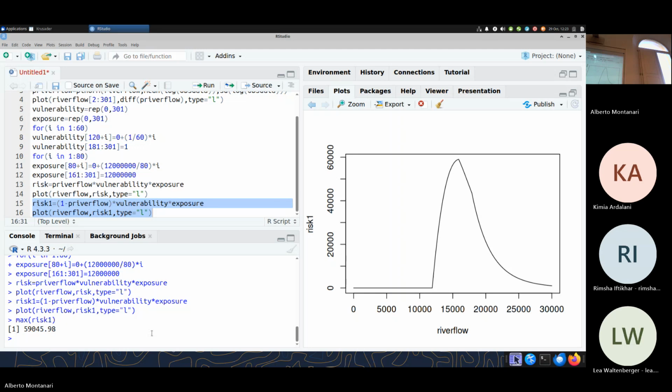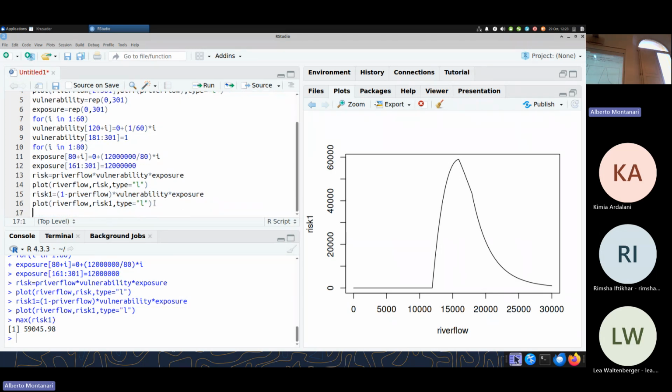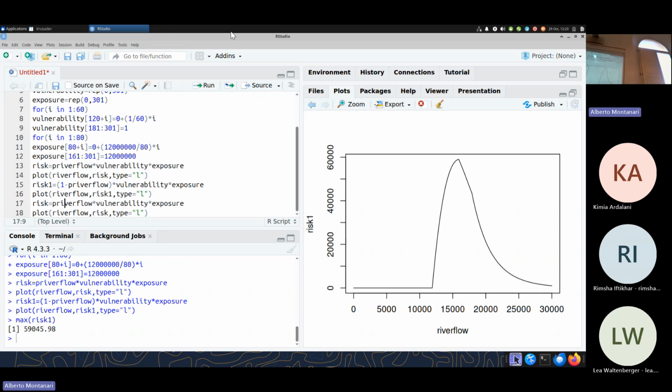Now, once again, let's use the probability density. Okay, in order to use it, it's very simple. Let me make another paste, risk2, and it is very simple. I just need to compute the difference of P river flow. Remember that the probability density is the derivative of the probability of not exceedance. And therefore, if I take the difference of the vector, I get it.